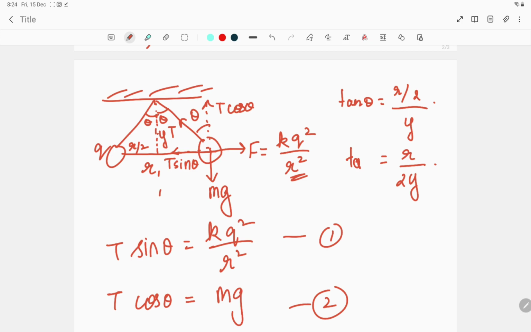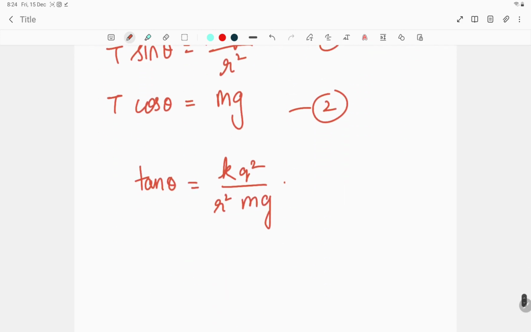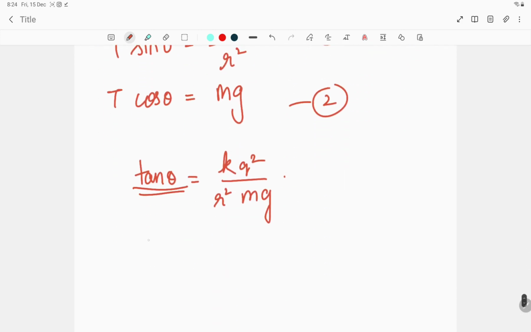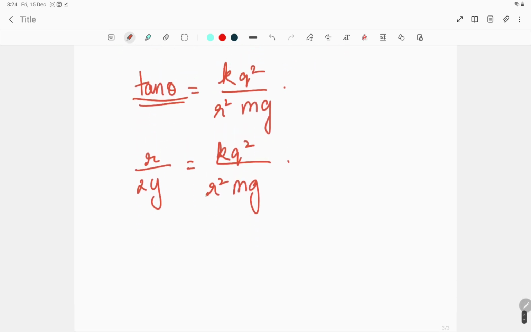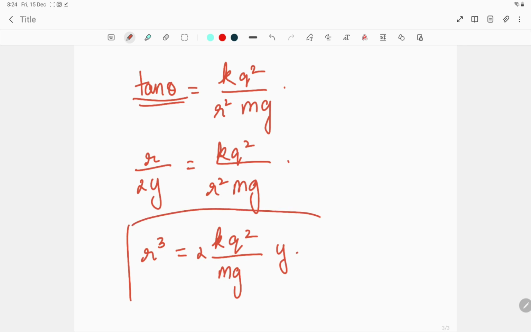We can substitute it here: r divided by 2y equals kq square by r square into mg. Then bring this r to the left hand side and the y to the right hand side. So you get r cube equal to kq square by mg into 2 into y. So this is our equation.